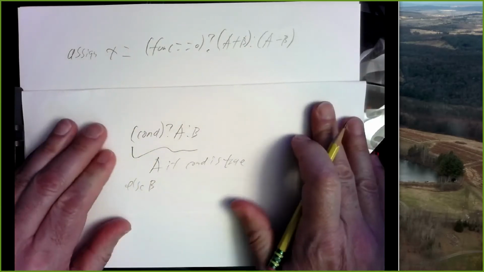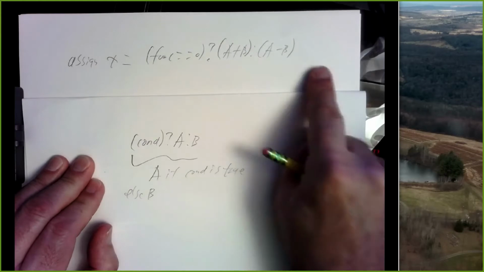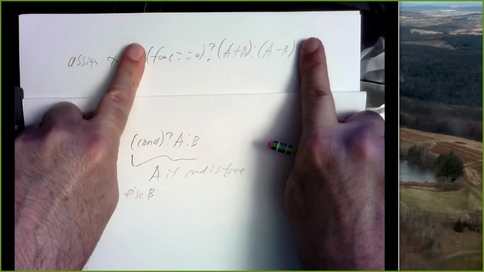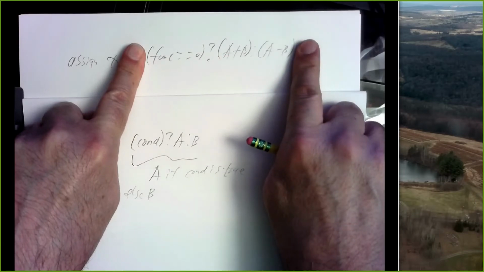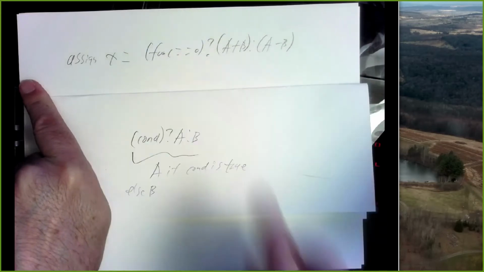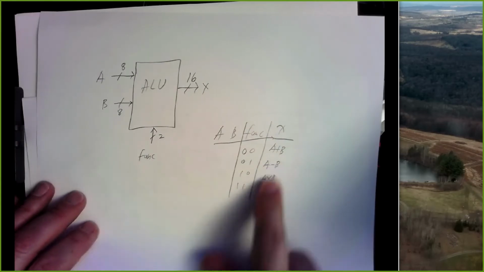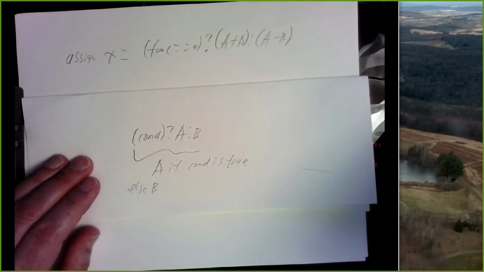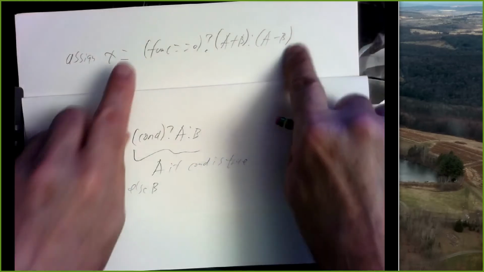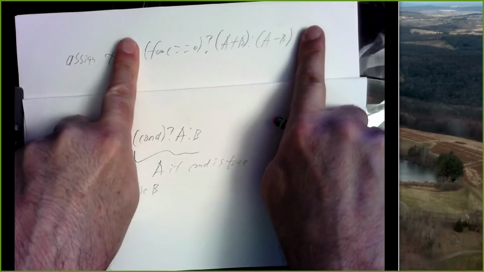Otherwise, it's equivalent to B. So this statement is just a slightly cryptic way of saying, hey, if function is equal to 0, all of this is equivalent to the expression a plus b, which means this statement says assign x equals a plus b. So if function is 0, it will set x equal to the sum. If it's not 0, it would set x equal to a minus b.